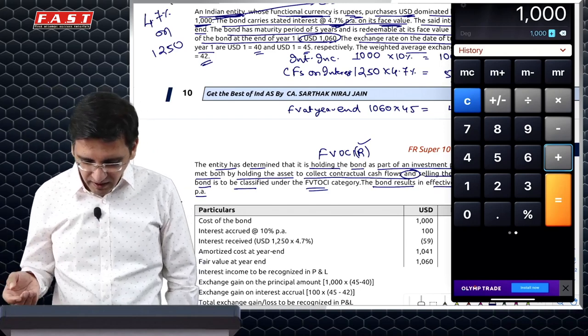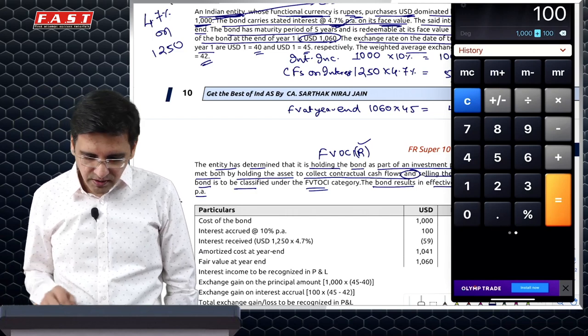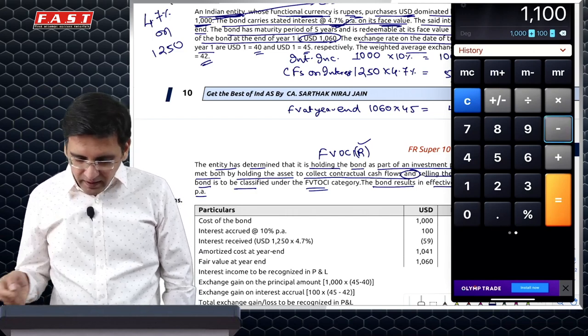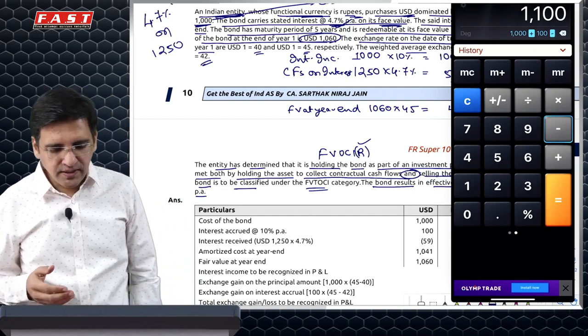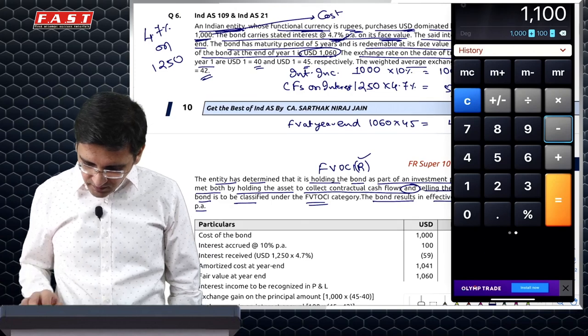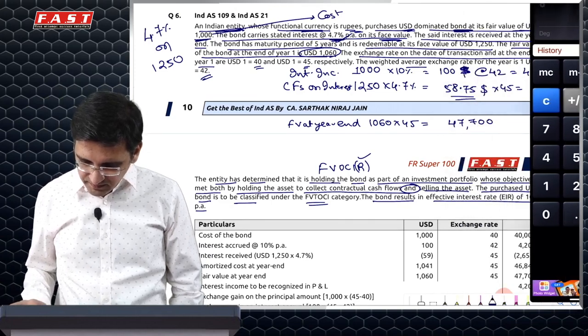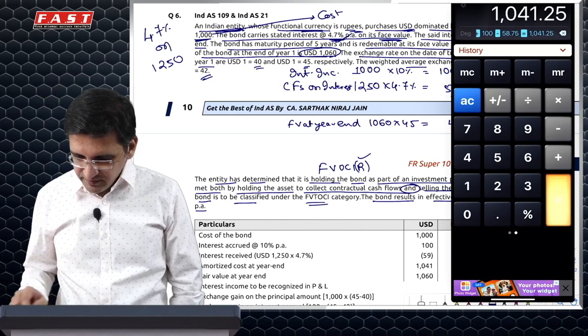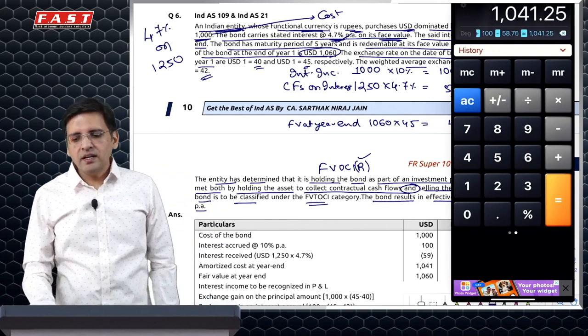Interest income, I should have ideally booked at $100, which is 1,000 into 10%, so 1,100. Minus, in terms of dollars, I would have received how much? 58.57. Sorry, 75.